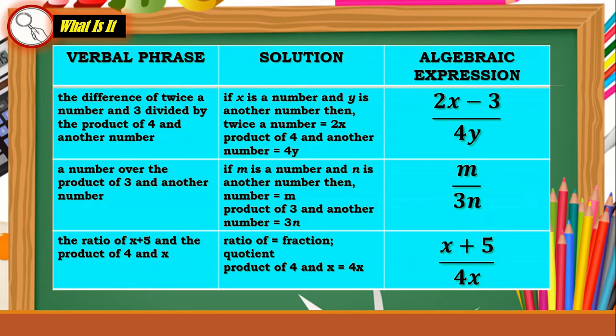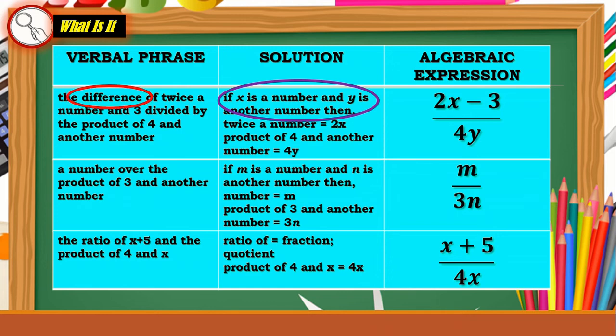Now, before we move on to what's more, let us take one last look at the solution. In order to translate verbal phrases to algebraic expressions, we have to consider the following. Number 1, we identify the unknown quantities. In this example, we have x and y because there are two unknown quantities.